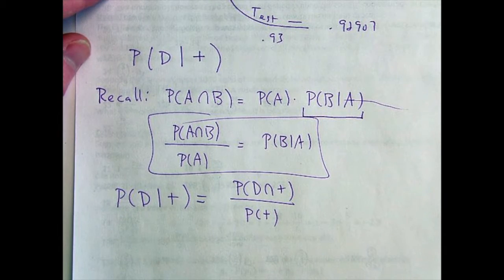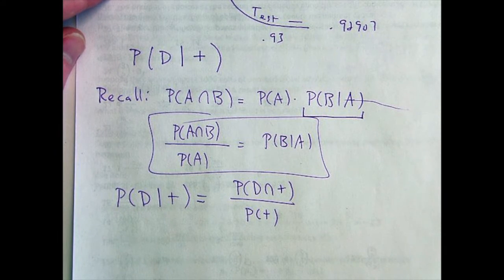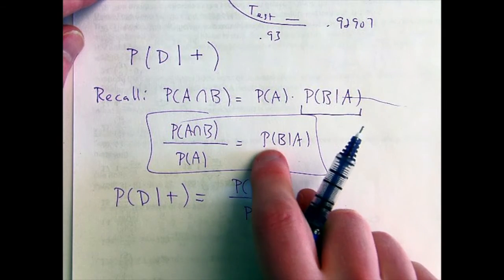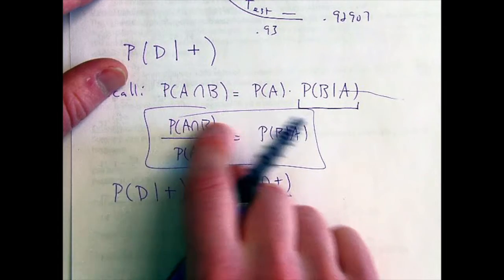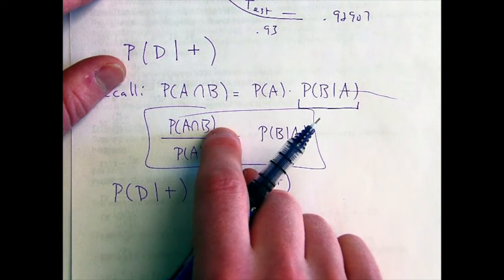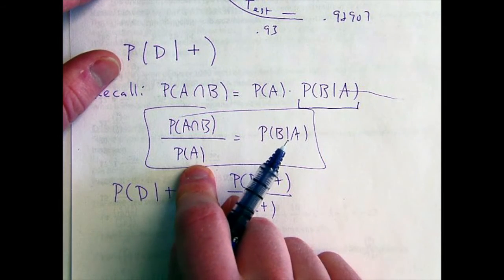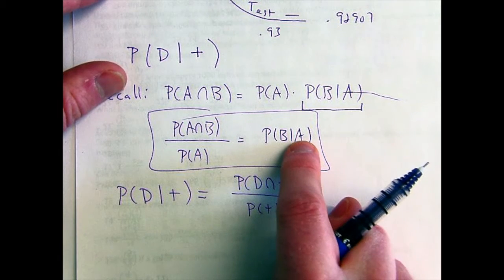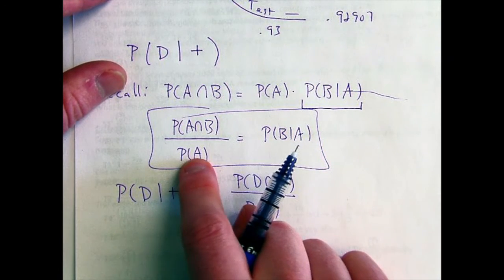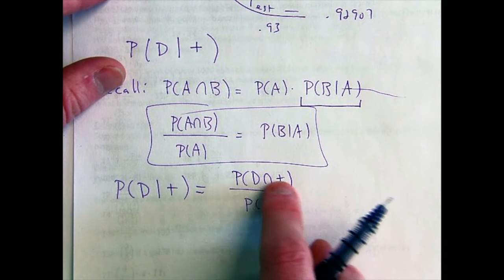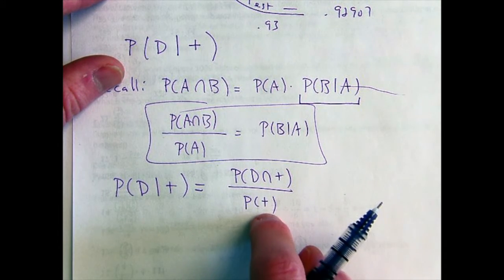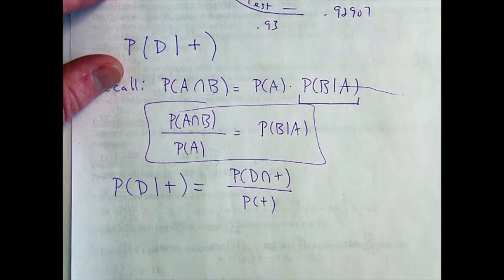Sometimes it's easy to get the A's and B's all mixed up. Just remember that it says the probability of one thing given another is equal to the probability of the intersection, just both events happening, divided by the probability of the given thing, right? A is the given event in this formula, so you're dividing by the probability of the given thing, and that's what I'm doing here. It's just the probability of D intersect plus divided by the probability of the given thing. That would be the plus there.